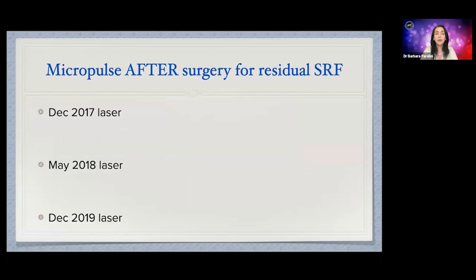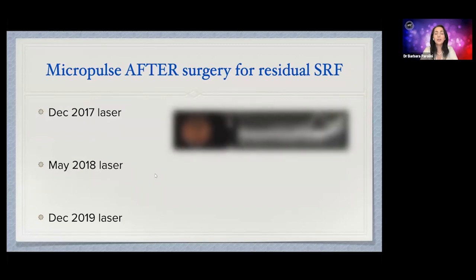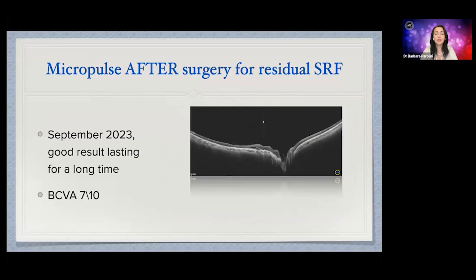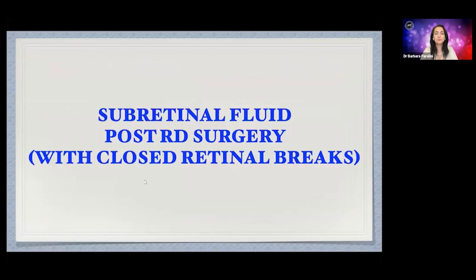I decided to try micropulse laser, one treatment every year, and I observe a progressive improvement. I haven't treated him in a while, and it's been almost 6 years now since the first laser treatment, and vision is still good, and he does not show any relapse so far.